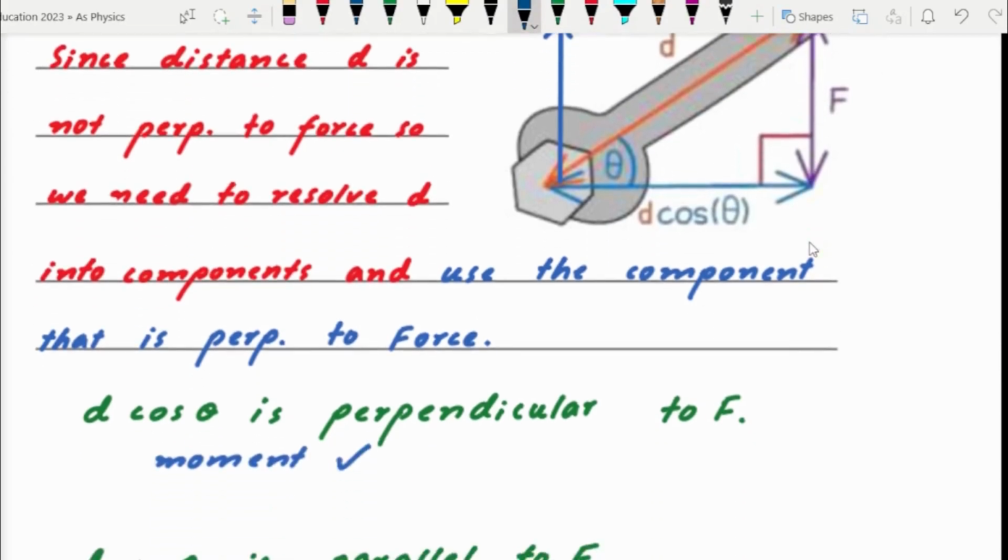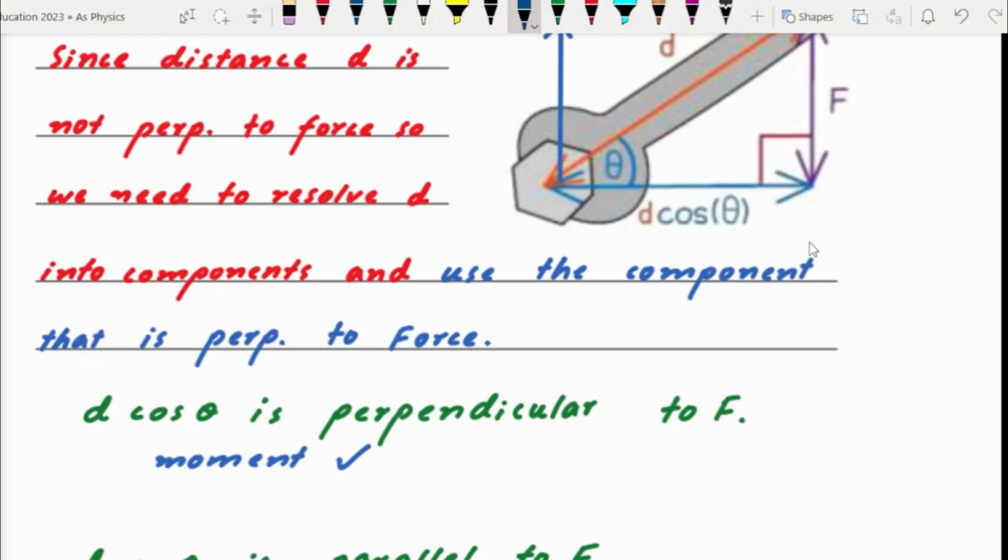Then the question is, why do we resolve the distance, or in this case you can call it displacement because we want to call it a vector, but if I say displacement or distance, in this situation it would be the same thing.